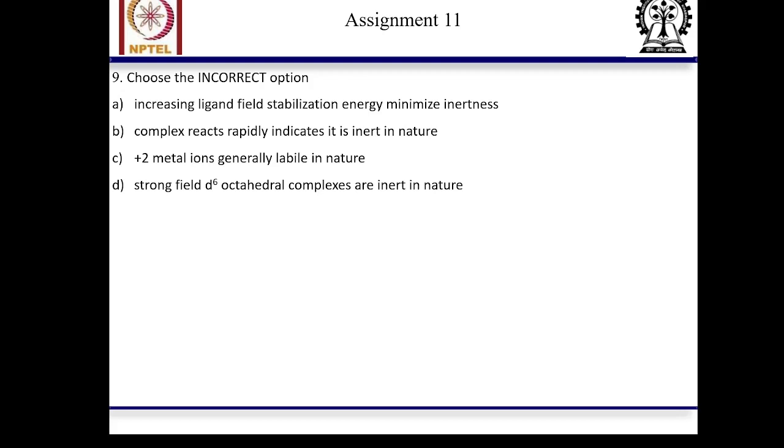Choose the incorrect option. Can anyone tell? We have to choose the incorrect option.